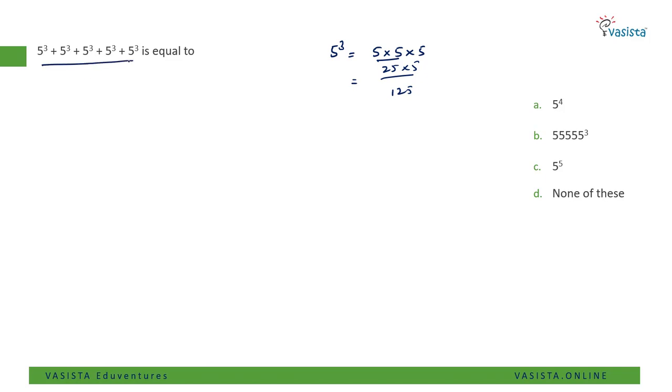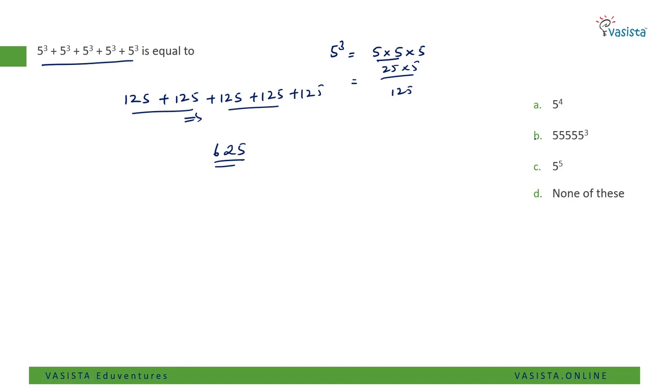So which means 125 plus 125 plus 125 plus 125 plus 125. Now you find the sum here. 125, 250, so 250 is 500, 500 plus 125 gives 625.